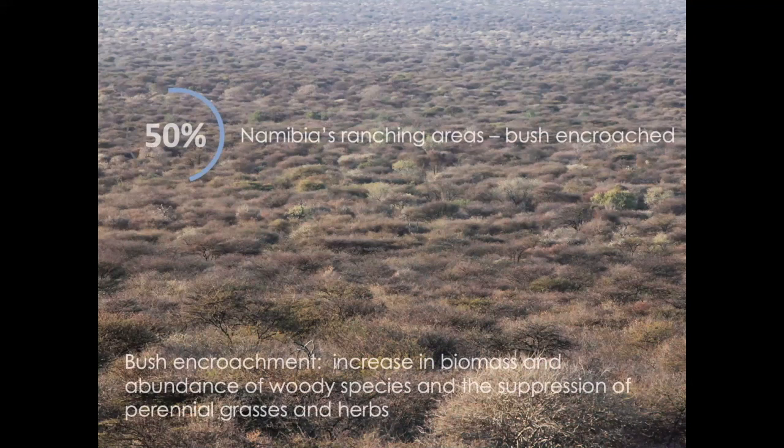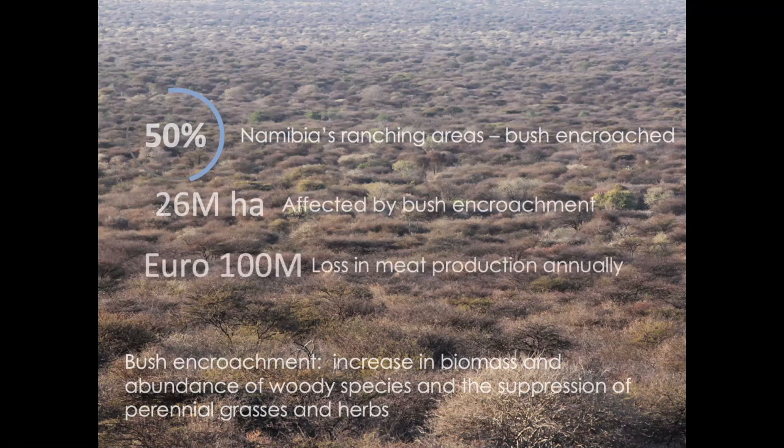The work I'm going to show focuses on Namibia, my favorite adopted country at the moment. If you ever get the opportunity, go and visit Namibia. Louisa is from Namibia. And 50% of the rangeland areas are considered to be bush encroached. That's 26 million hectares. And the loss in meat production annually is about 100 million euros.